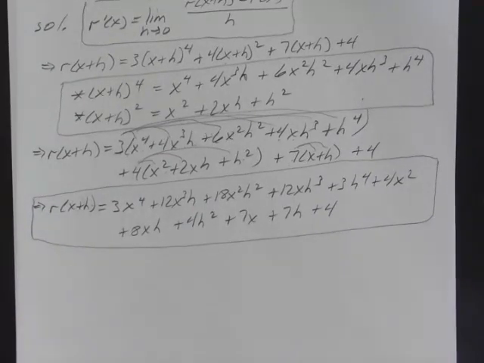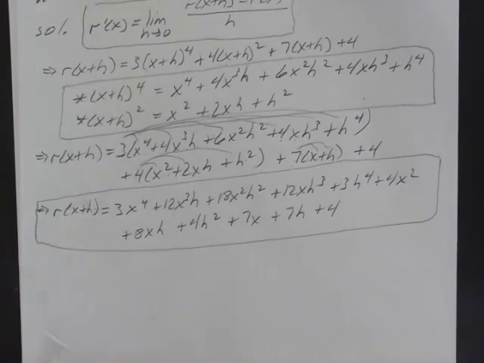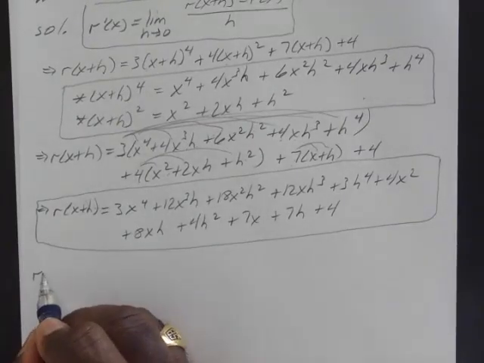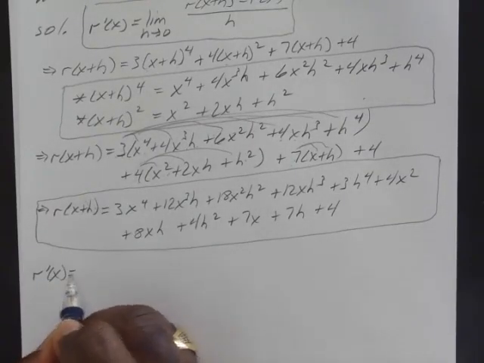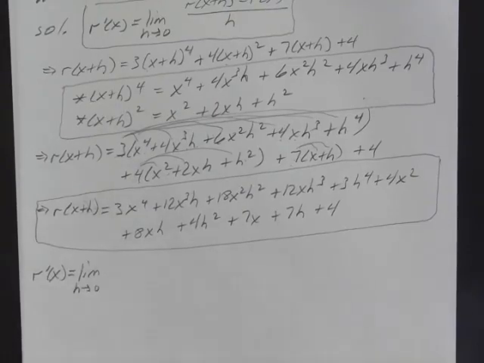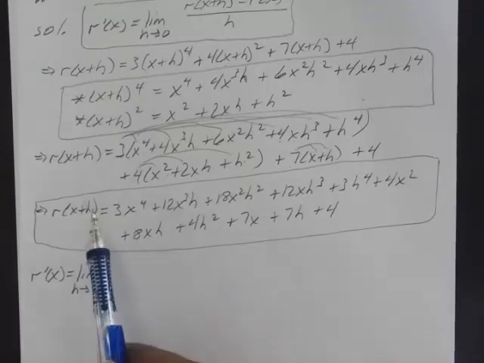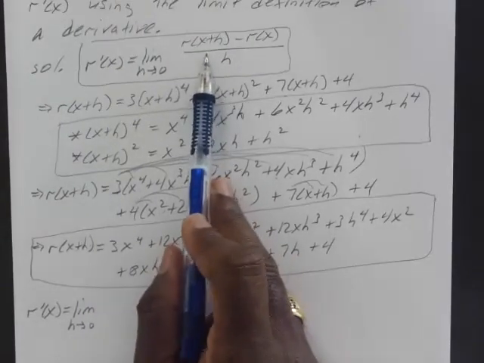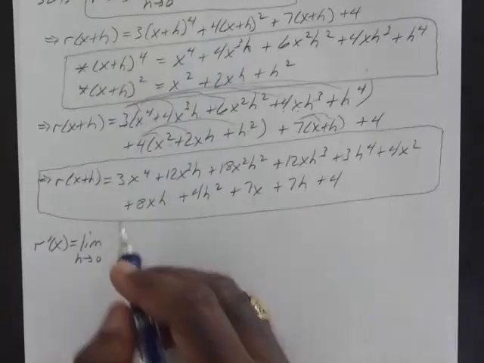Okay, so that means our r prime of x is equal to the limit as h approaches 0 of r of x plus h, because we're now plugging it into this one.